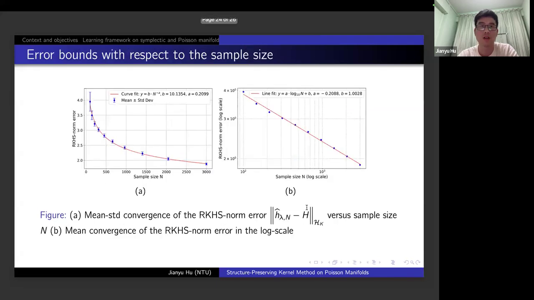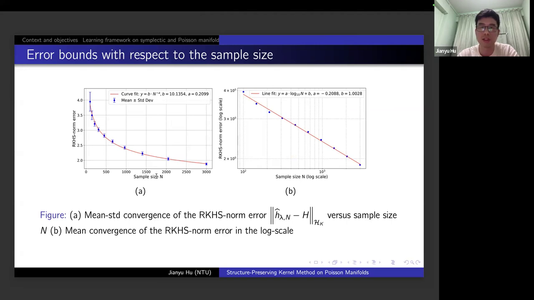Finally, I want to present the error bound with respect to the sample size. Figure A shows the RKHS norm error as a function of the sample size.